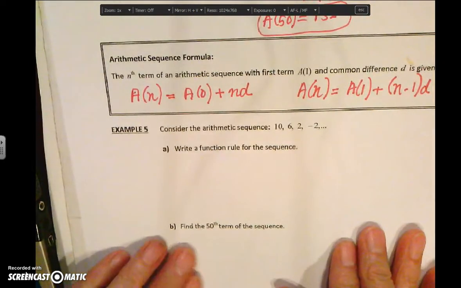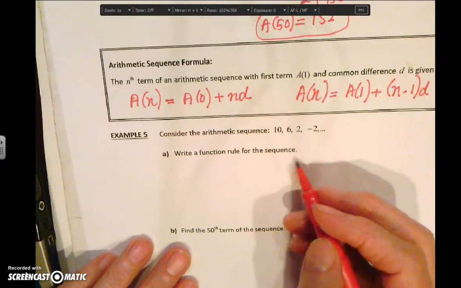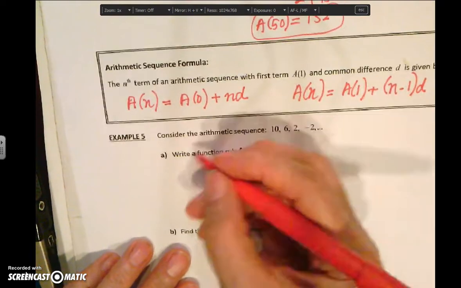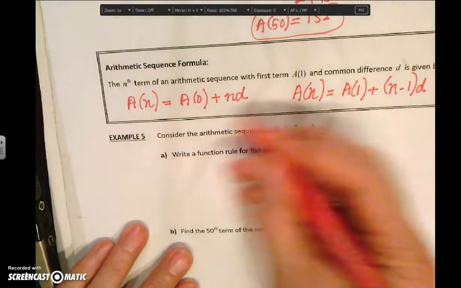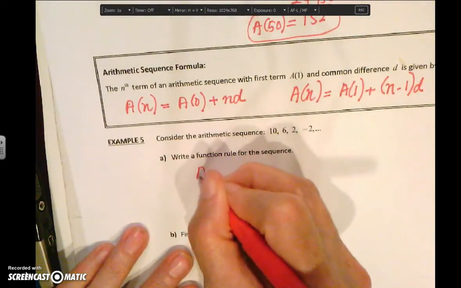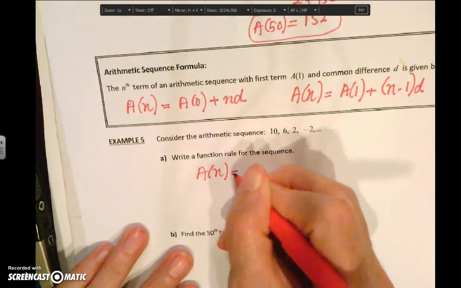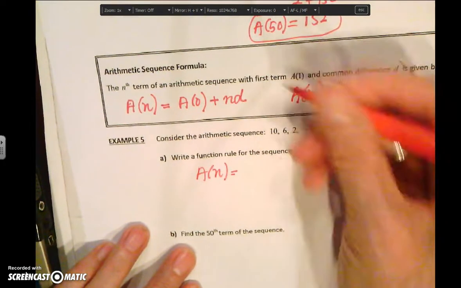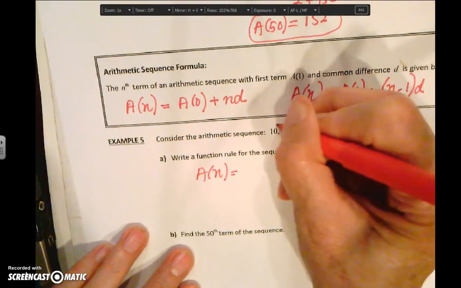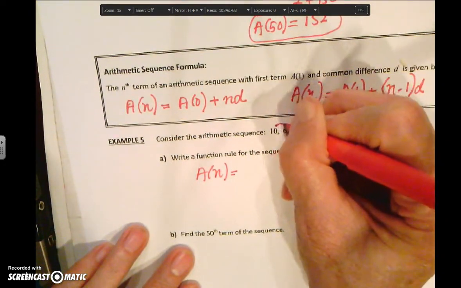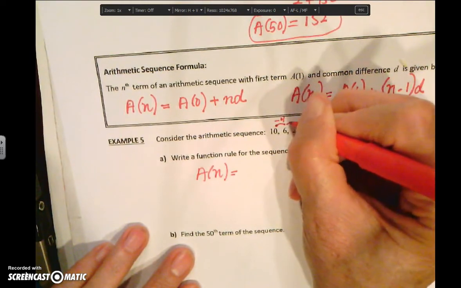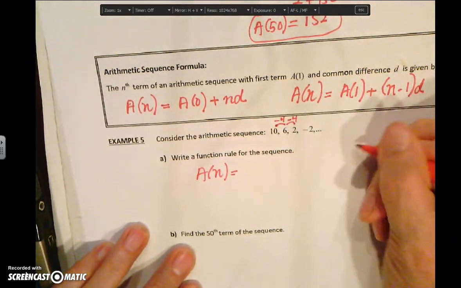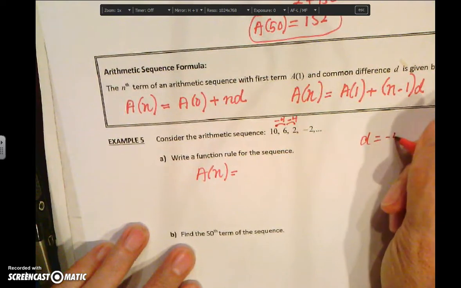All right, so example 5, we'll repeat the same thing. Write a function rule for this sequence. So we're going to use our thought here that a sub n, a of n, is equal to a of 0. So in this case, kind of thinking backwards, see, right here, what are we doing? We're subtracting 4 each time, right? So our d is equal to negative 4.